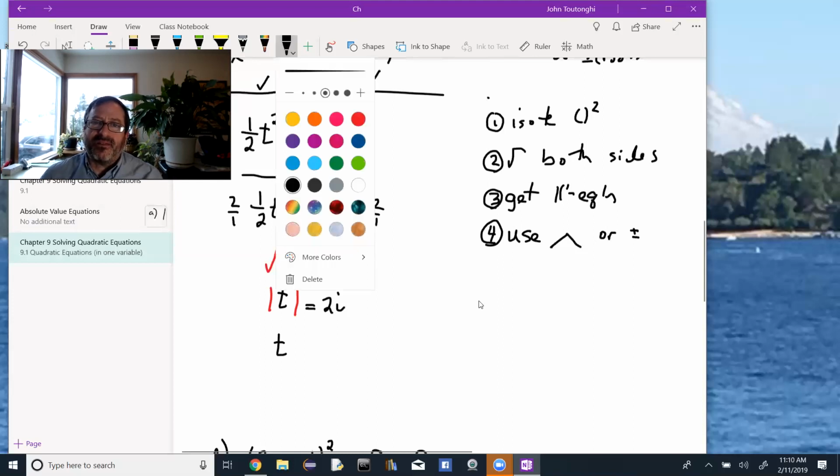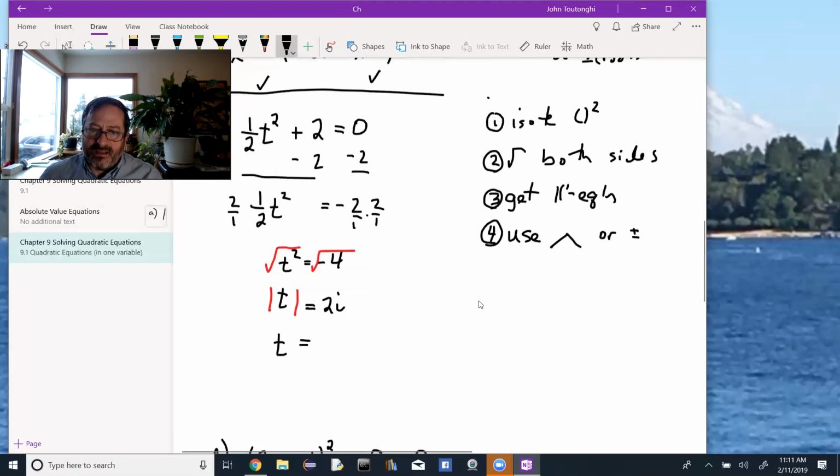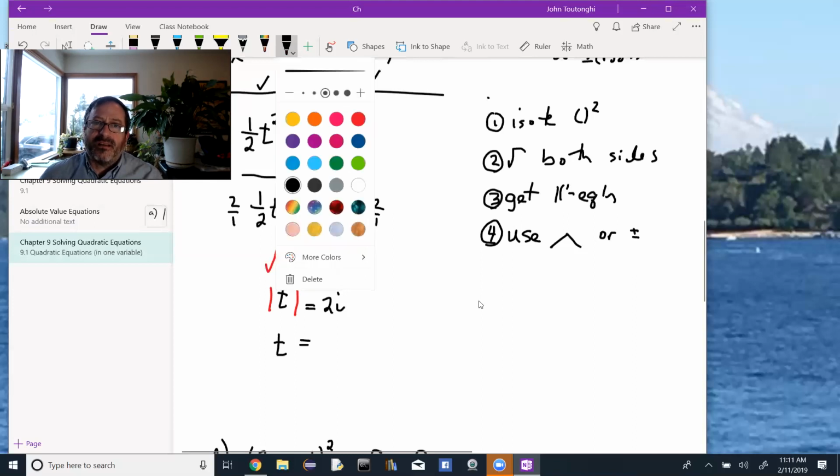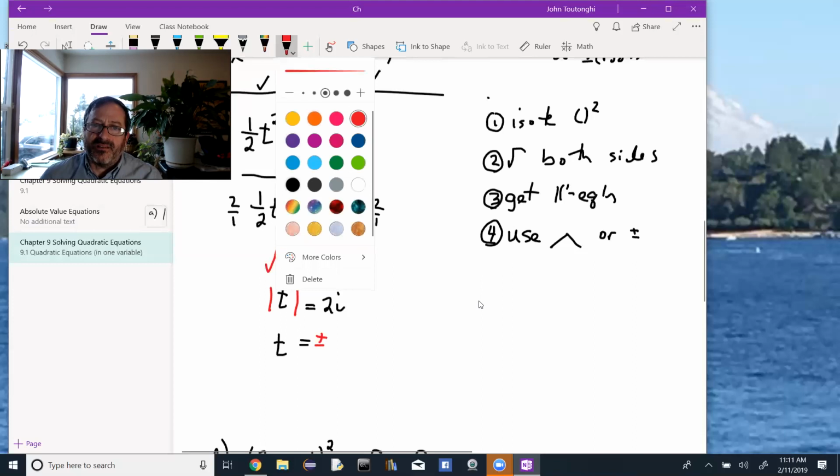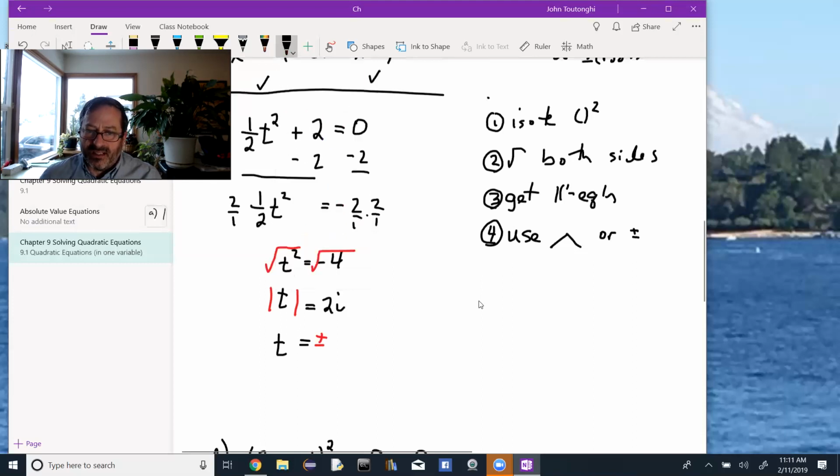You can kind of think of these as the absolute values are disappearing, and they're becoming this plus or minus in this case. In the other case, the absolute value disappears and becomes the branch, left and right. t equals plus and minus 2i.